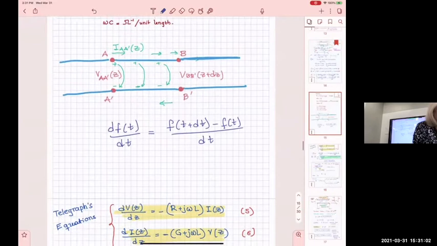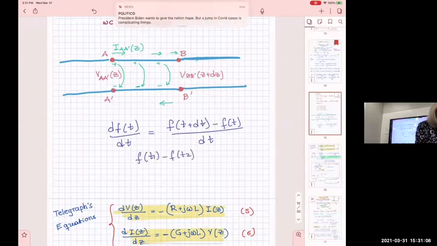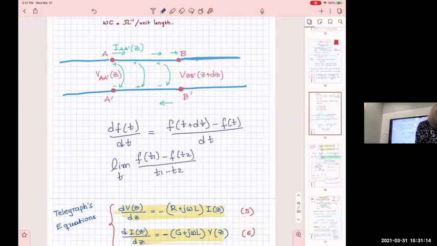Or you may have seen it like this, f of t1 minus f of t2 divided by t1 minus t2, at the limit when t1 goes to t2. And that is going to be df of t dt. Remember that?